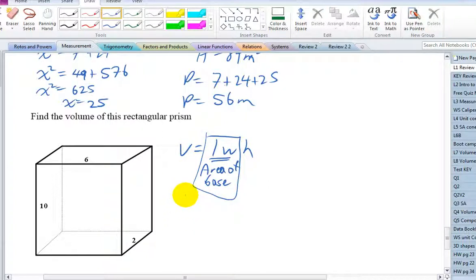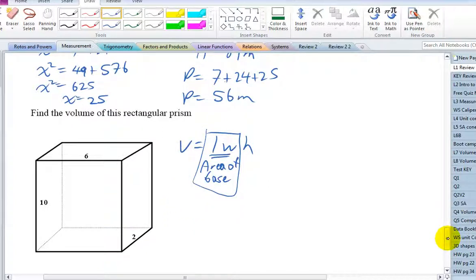So your formula for volume is the area of the base times your height. Now the 6 is written up top, but you can write that down below as well. Sometimes the measurements you need aren't written in the same spot. Okay.